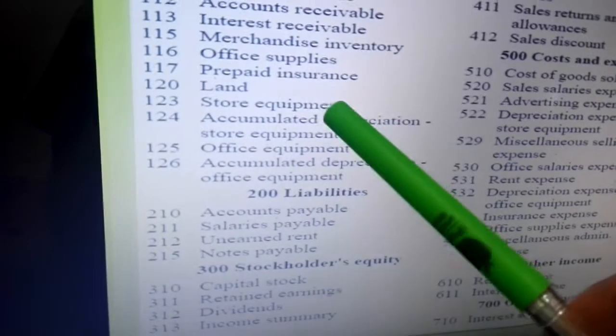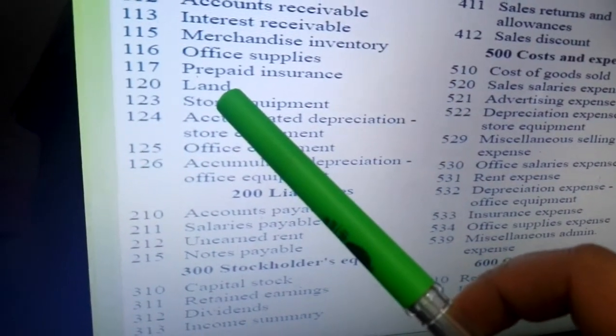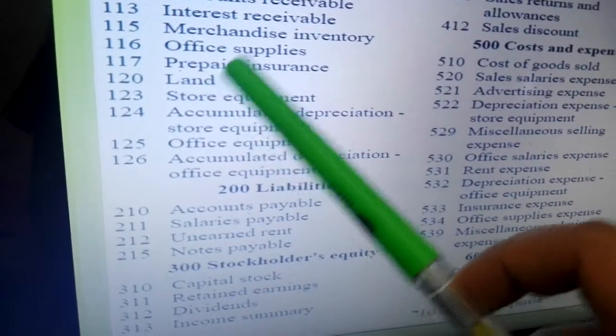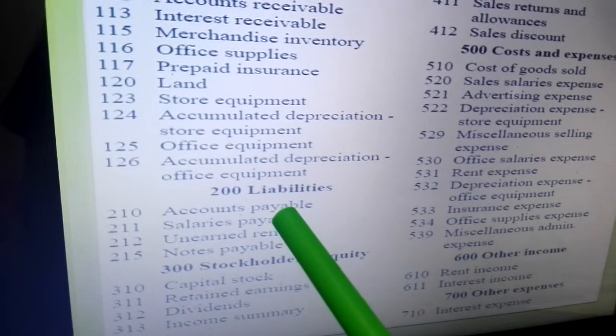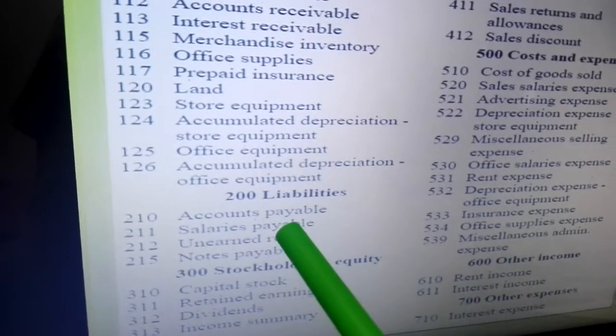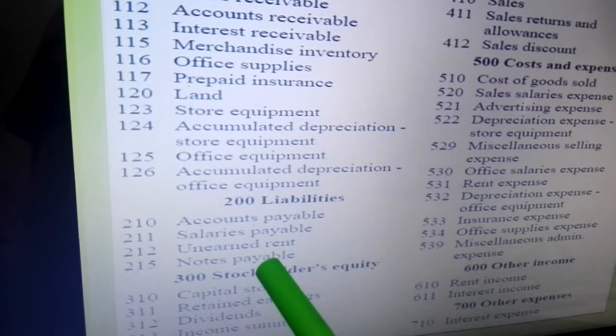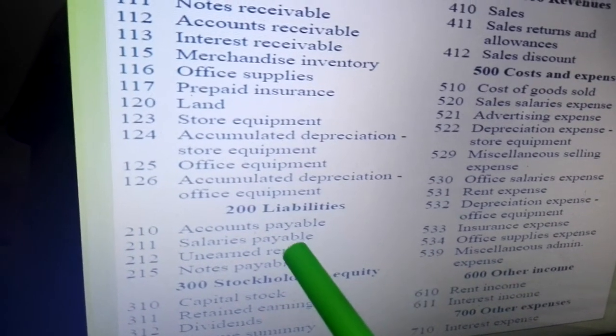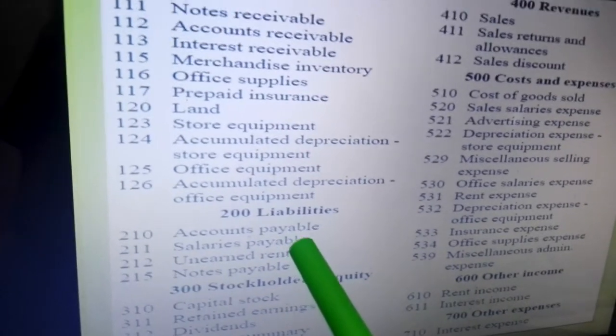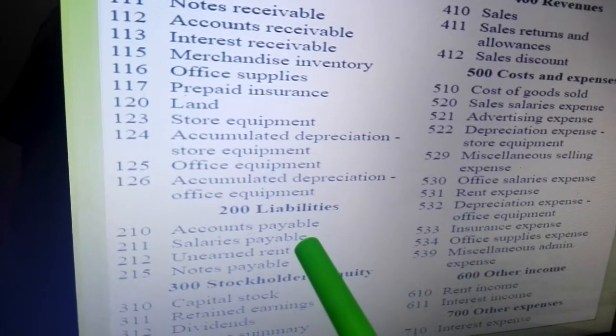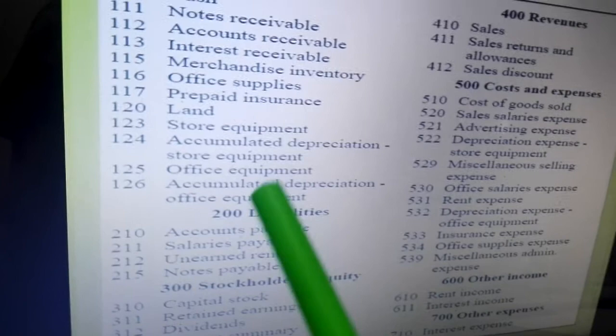Let's say the company has land, but they borrowed the money from other parties like a bank. So they will have accounts payable or maybe notes payable if they have the written paper. For example, salaries payable. They still didn't pay the wages of the employees, so they will have salaries payable.